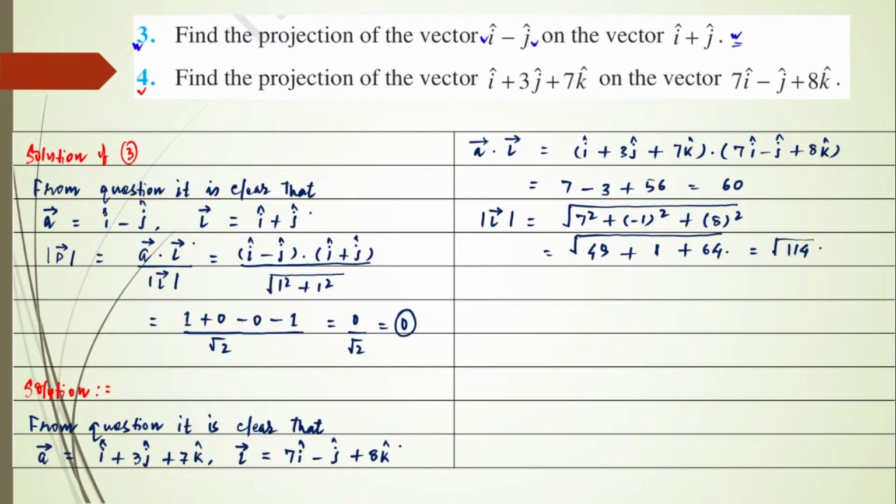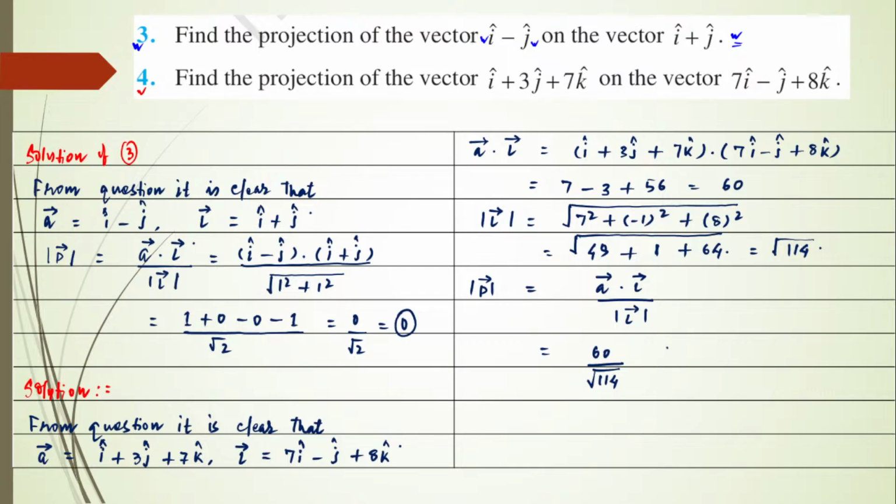So we recall the formula: projection equals vector A dot vector L by magnitude of vector L. Now putting in the values, we get 60 by root 114.